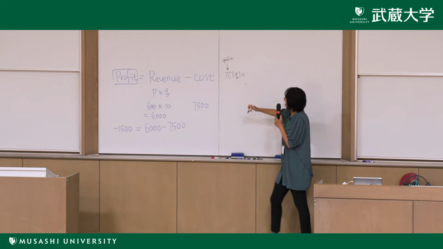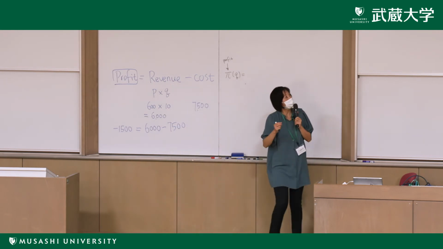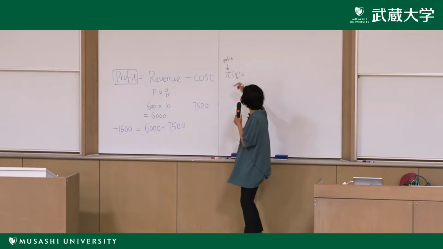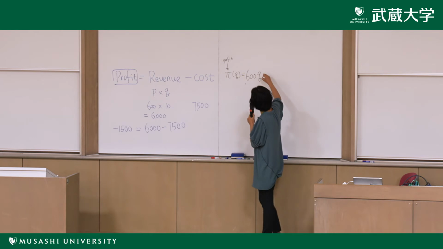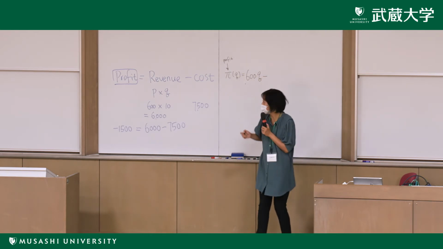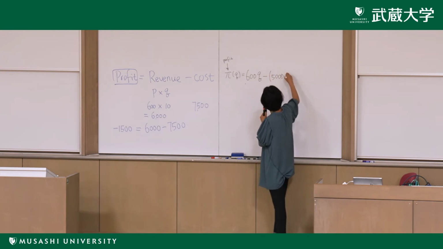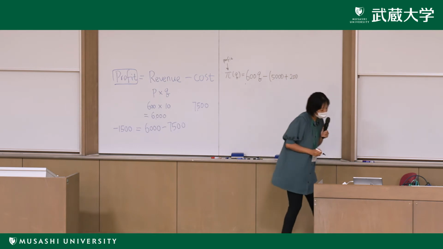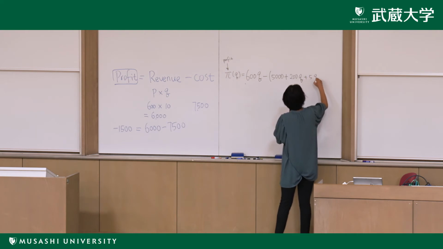And so we use total revenue minus total cost. So we're going to do subtraction. We're going to use total revenue, which is 600Q, and then minus the total cost function, which is 5,000 plus 200Q plus 5Q squared.